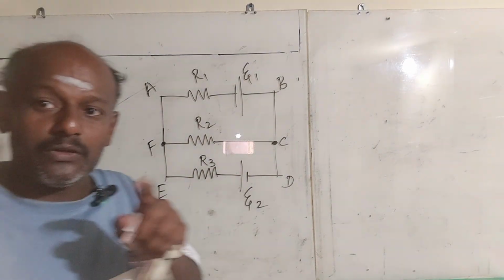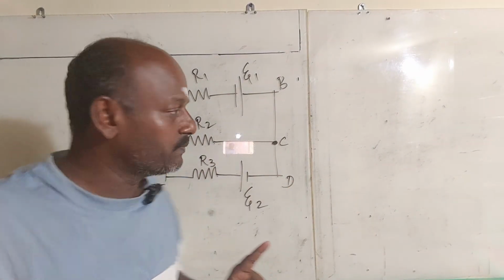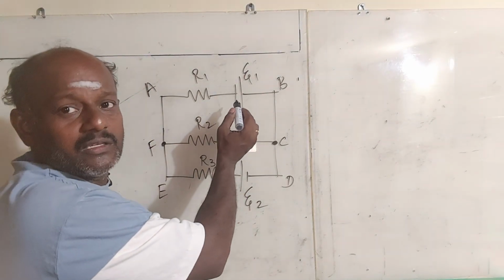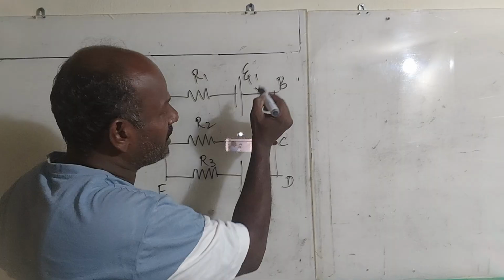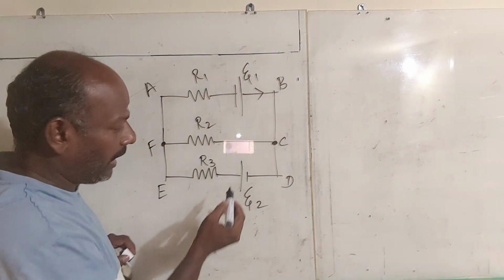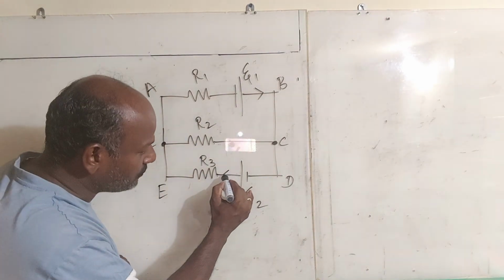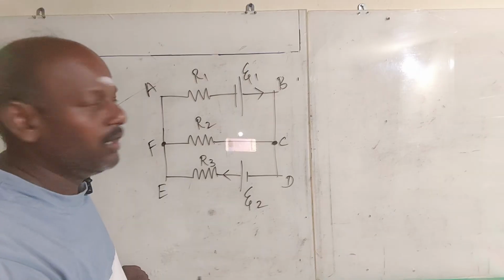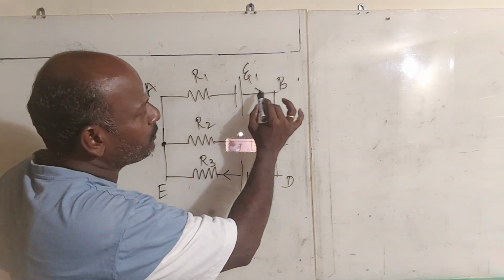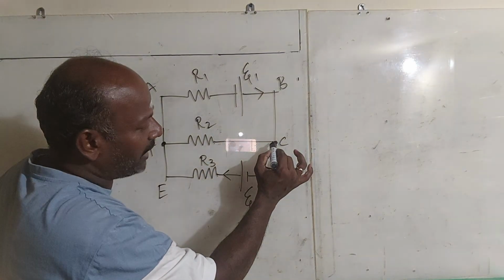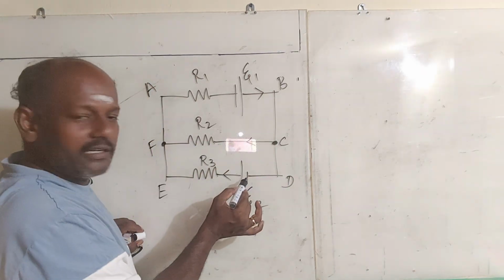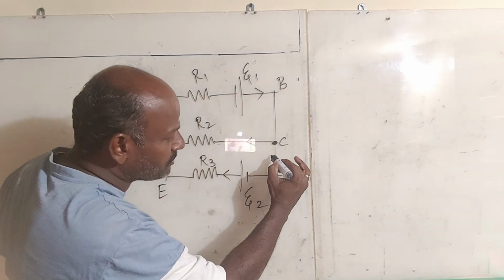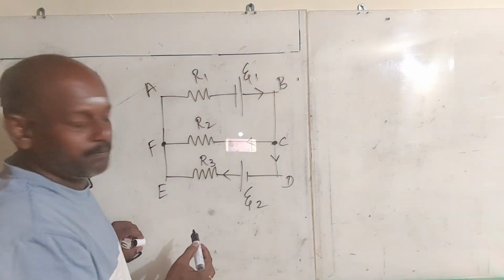First I have to notify the direction of the current. Always current starts from positive and terminates at negative. So here will be the direction of the current. And for this battery, this will be the direction of the current. The current will be moving in at the junction, and here it is a negative terminal, so it must be moving towards this junction.